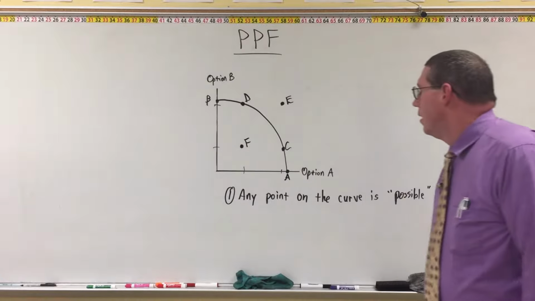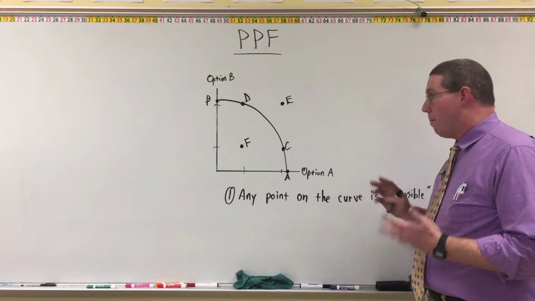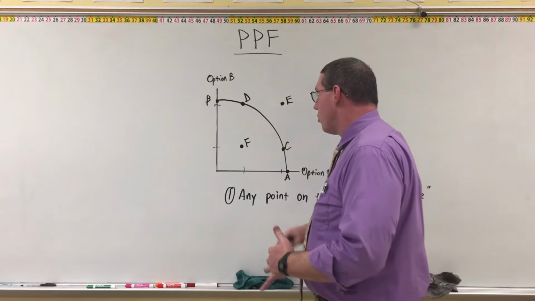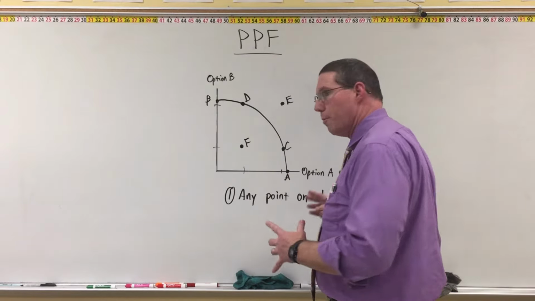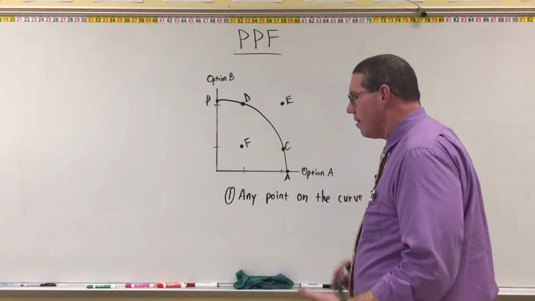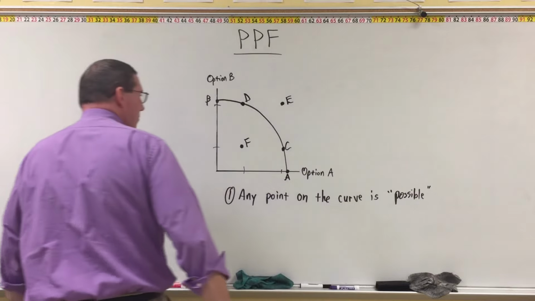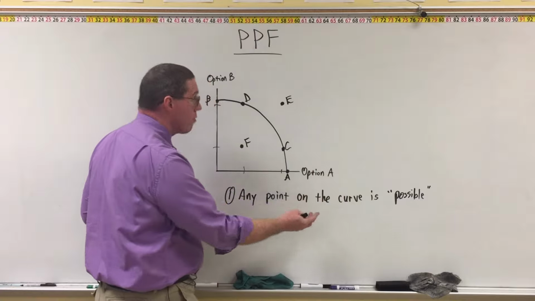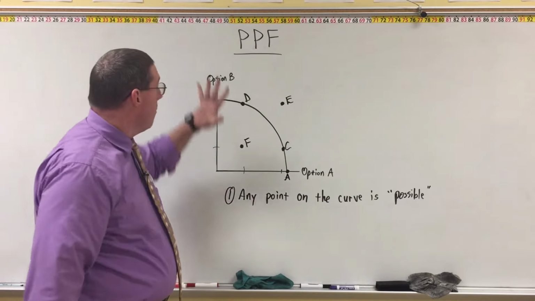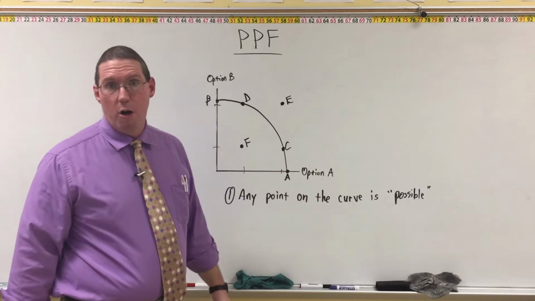Okay. And so if this is a baker, or a car producer, or a computer producer or a phone producer, let's say a car producer, they may have to make a decision. Option A is cars and option B is trucks, pickup trucks and passenger cars.